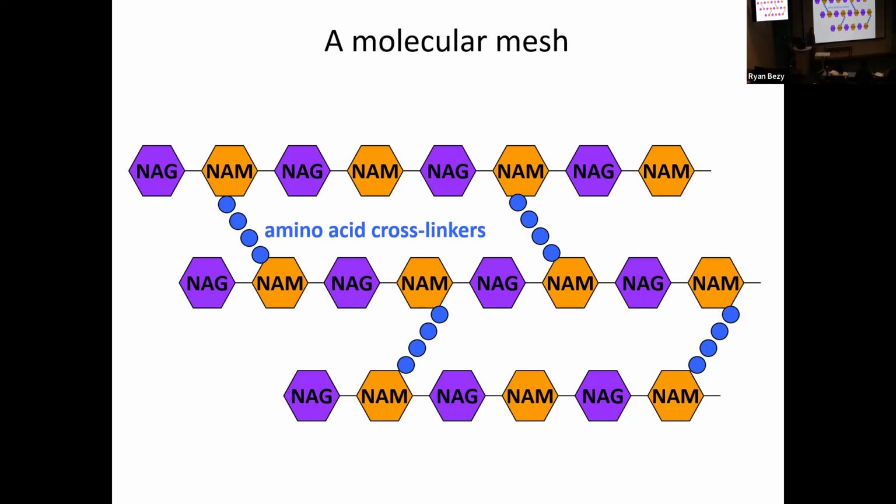They're always on which sugar? Yeah, the amino acid cross-linker is always attached to an NAM on one polysaccharide chain and joined to an NAM on a second, different polysaccharide chain. It's always the NAM sugars involved in those amino acid cross-linkers.